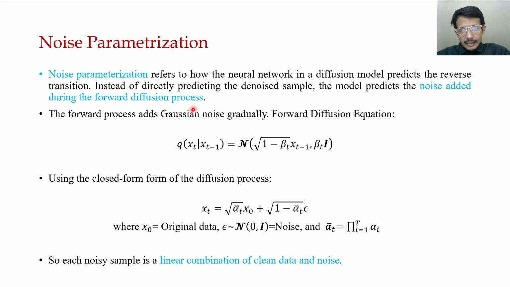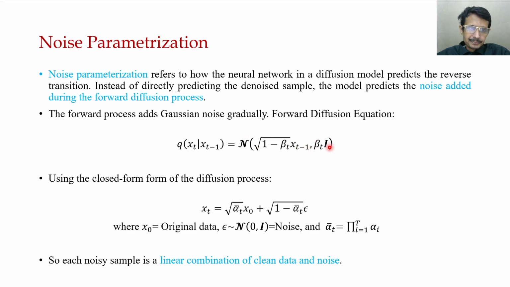The forward process adds Gaussian noise gradually, as we know. The forward diffusion equation, as we have seen many times, is q of x t given x t minus 1 is this Gaussian distribution.